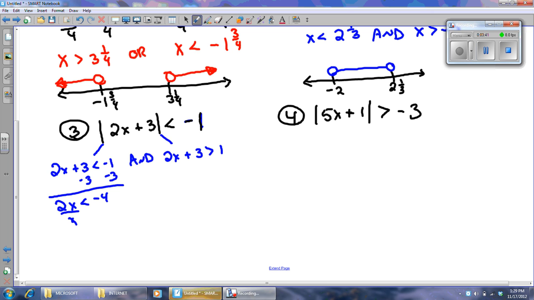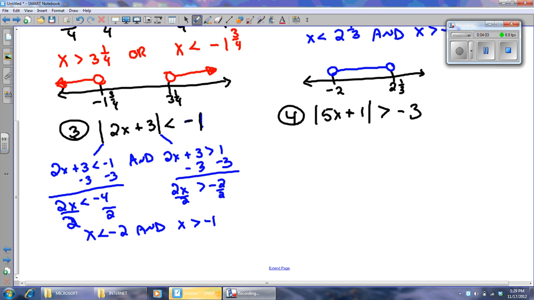So I'm going to divide by 2. So x is less than negative 2. Now over here, I'm going to subtract 3, and I'm going to get 2x greater than negative 2. I'll divide by 2, and I'm going to get x is greater than negative 1.